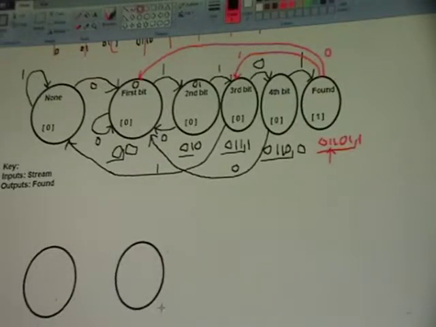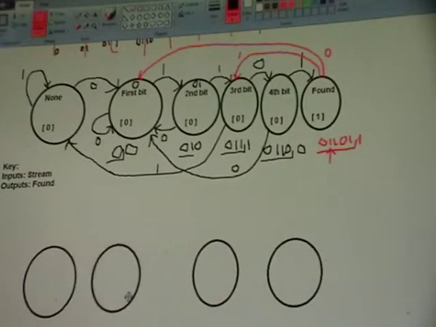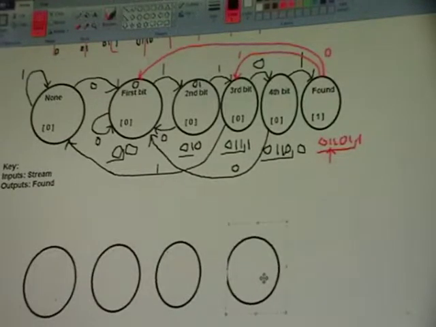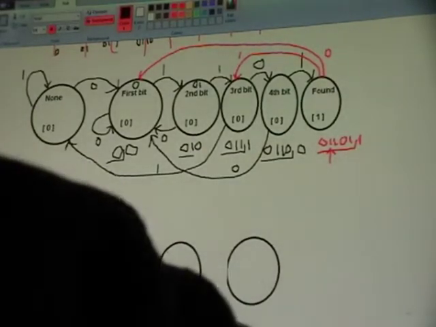I'm just going to draw some circles up here, and move them a little closer. Alright, and then let's name these. This can still be none.